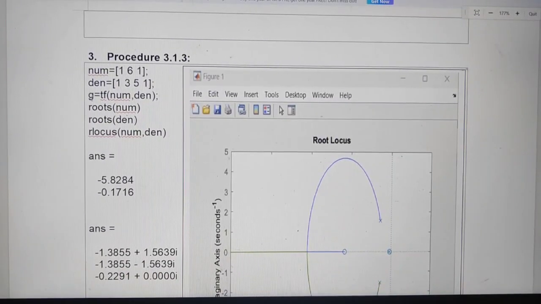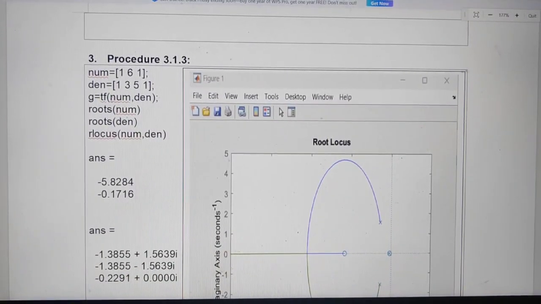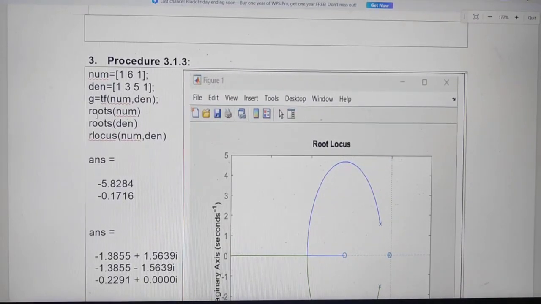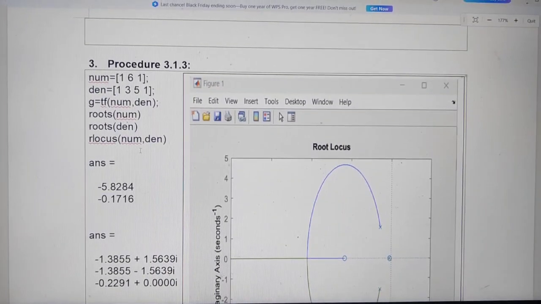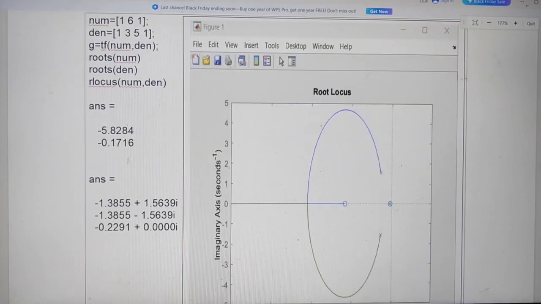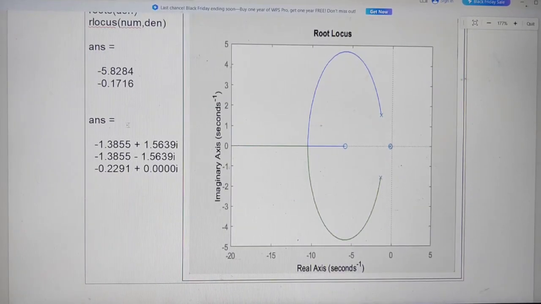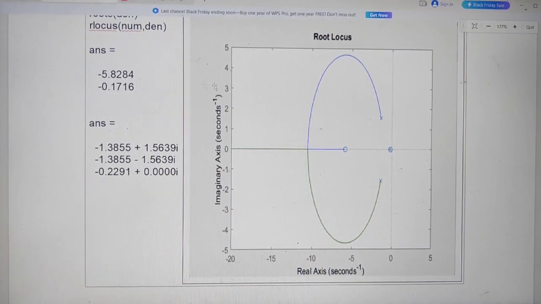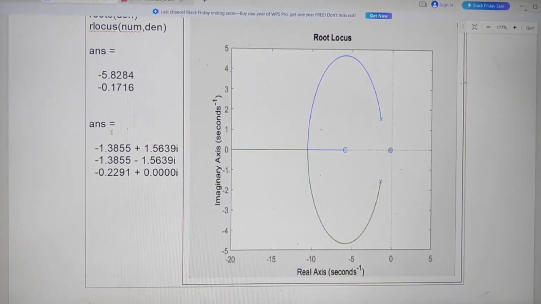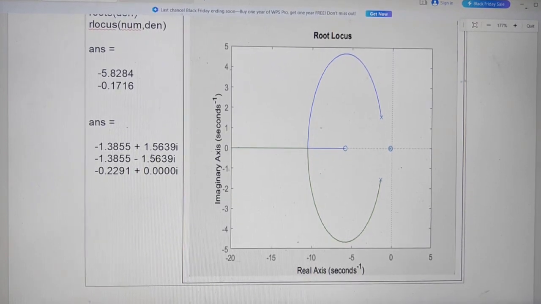So this is the GTF for the numerator and denominator, and these are the roots for the numerator and denominator, and finally we do the root locus for both. We get two types of answer: this answer is showing the blue one, and this answer is showing the green one.